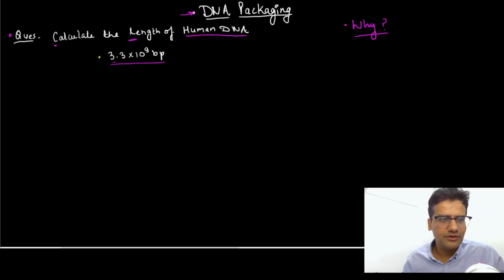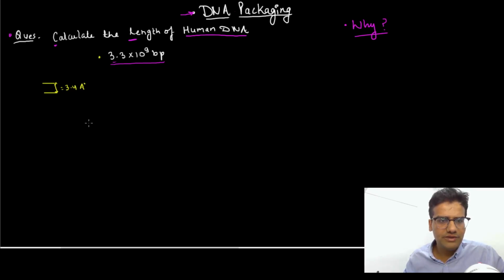I hope you have come to an answer. So let's calculate this. The number of base pairs in a haploid cell in human is 3.3 × 10^9 base pairs. In human or in any organism, two adjacent base pairs are separated from each other by a length of 3.4 angstrom.